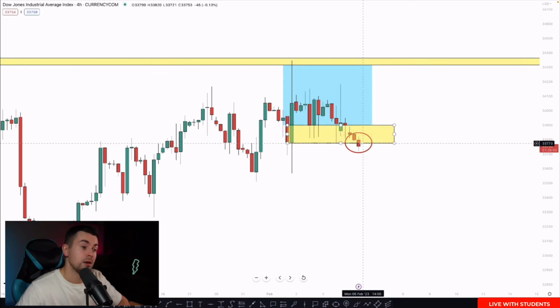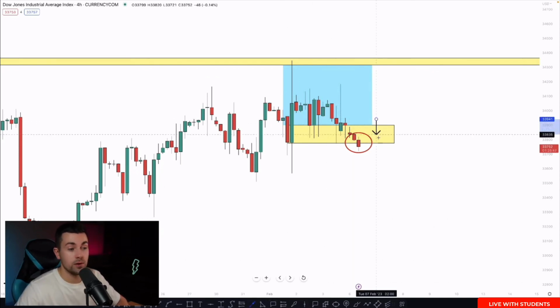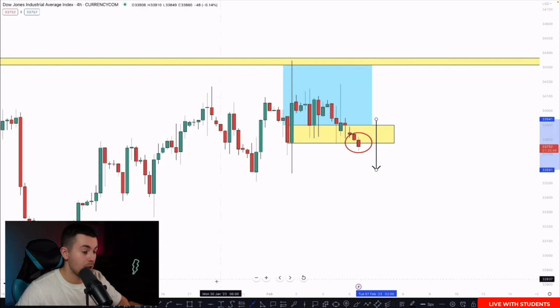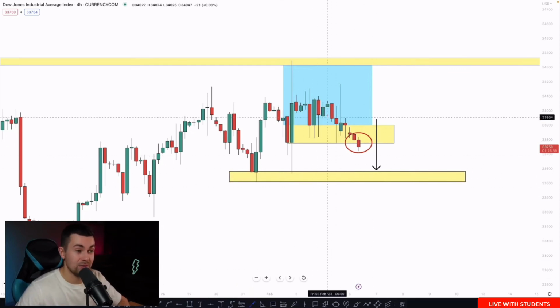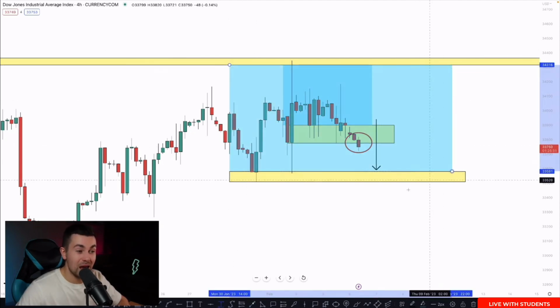So I believe, traders, that if the price breaks and closes below the support of the range on a 4-hour, if that candle closes below that yellow support, it will most likely push the index lower, and the next goal for sellers will be that support. And again, if the price reaches that support, the price here also is trading within that range.